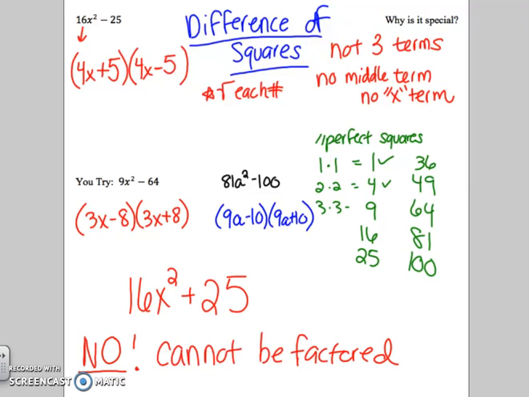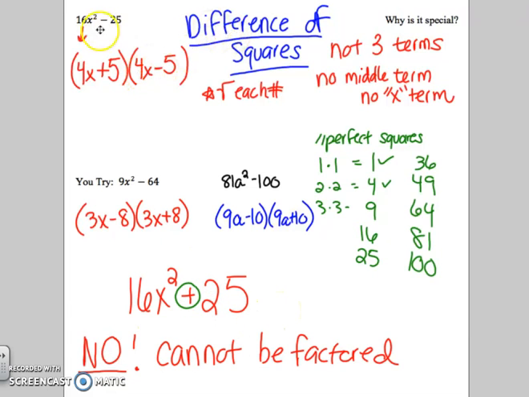And the reason is because this is a plus sign. Okay? So for difference of squares to happen, you have to have a minus sign in between them. So if you see perfect squares with a plus in between them, you cannot factor those terms out. Unless they've got something in common, okay? But that would be it.